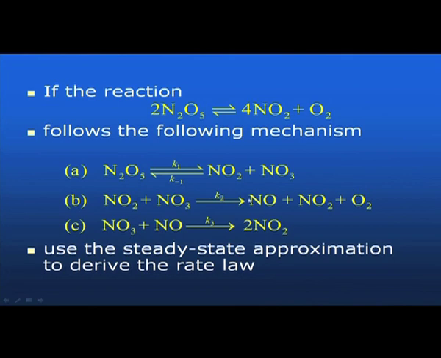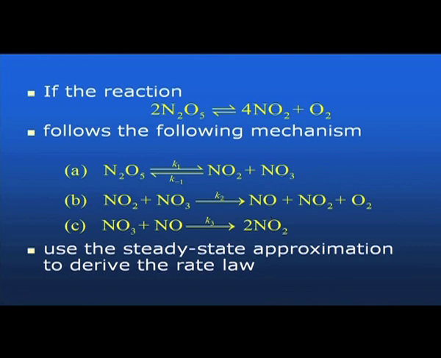This is one reactive species and this is another reactive species, because actually this is an intermediate. At the end of the reaction you do not find anything of this sort like NO3 and NO, but you will be getting NO2 and O2. That is why we are applying steady state approximation to these two species.